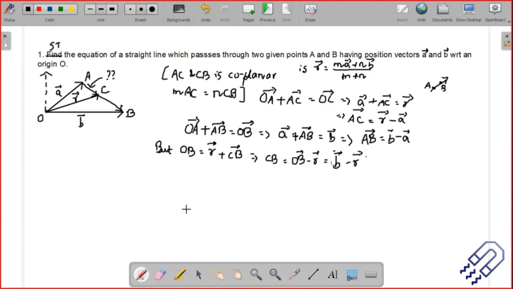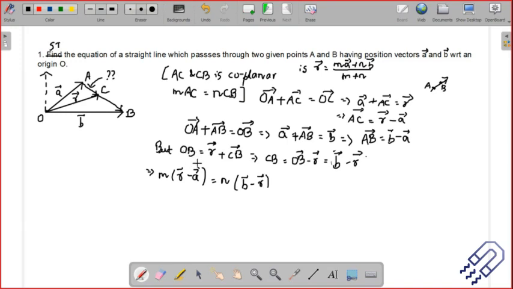Now we can just list everything. What we have here is m into AC. m into AC is R bar minus A bar, which is equal to n into CB. n into CB we have just found out to be B bar minus R bar.